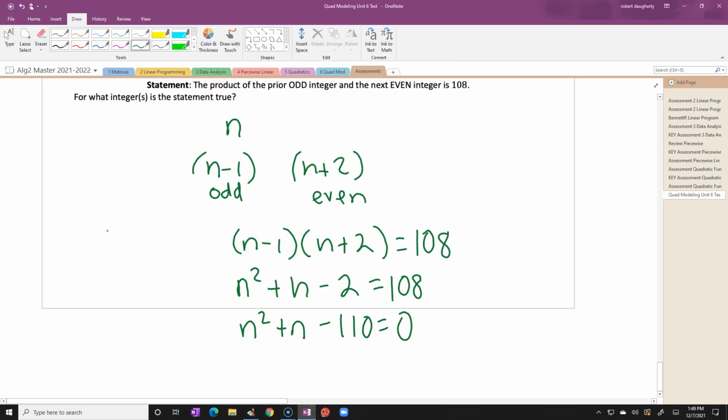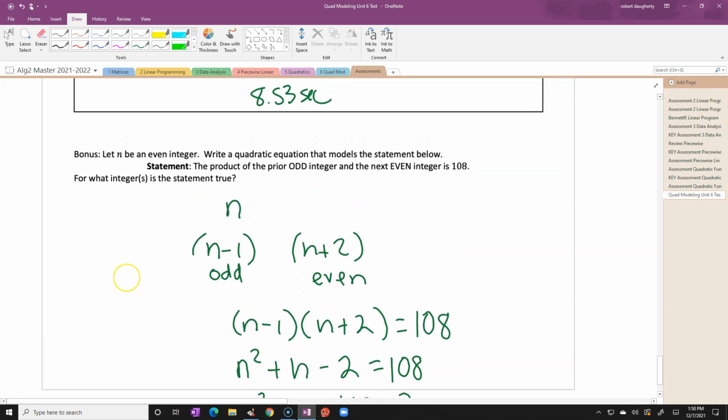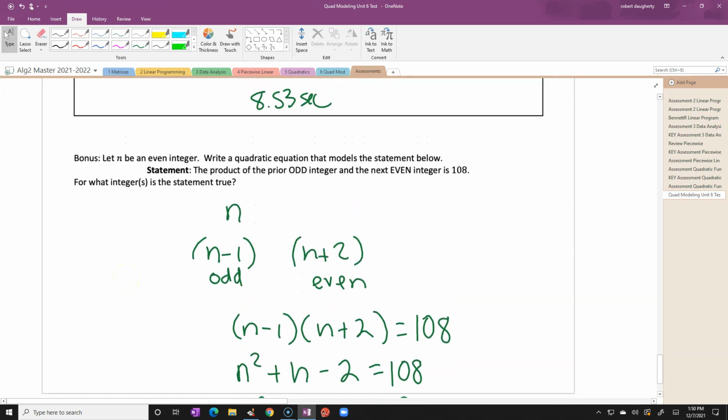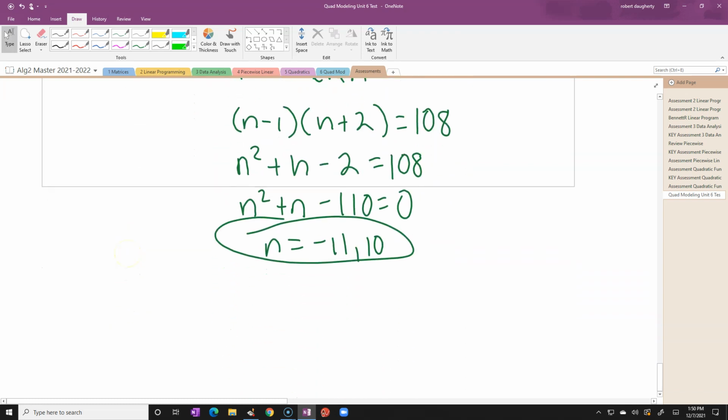N is equal to minus 11 and 10. Now, if you look at this, what do we say n was? N was an even integer, so I didn't take off for this, but I don't think anyone got the bonus. So in this case, n has to be 10 to make this work. Okay?